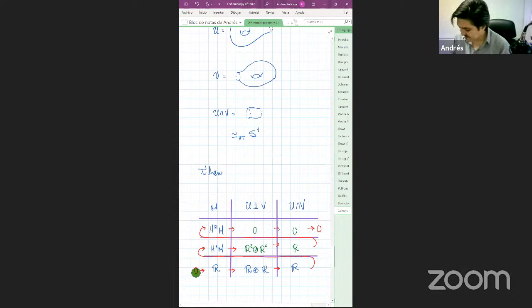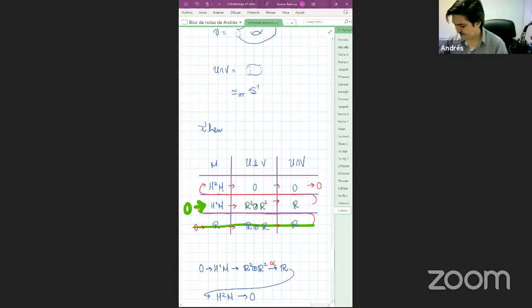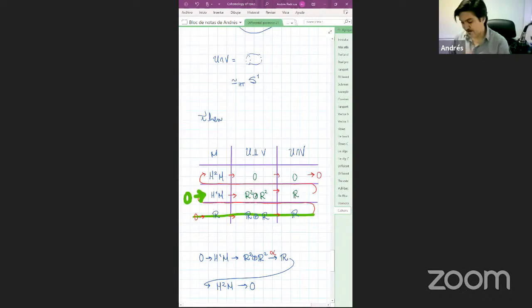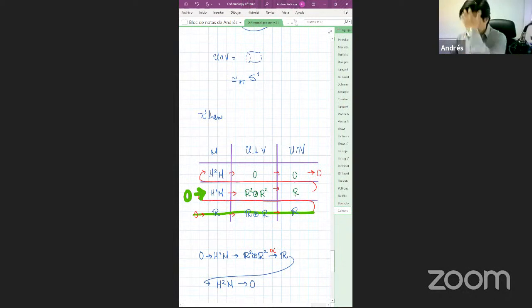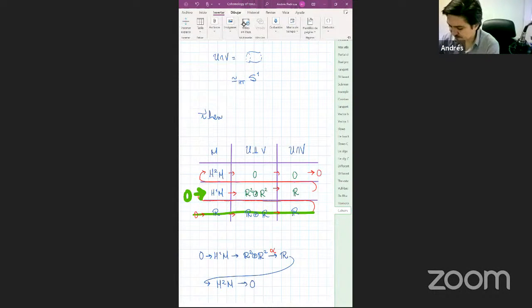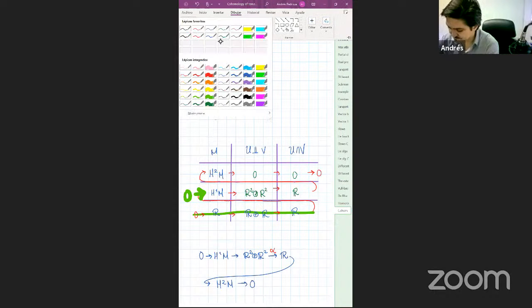I can forget about this and I can start my sequence here. And that's what I wrote here. So here I use the fact that U intersection V is connected.